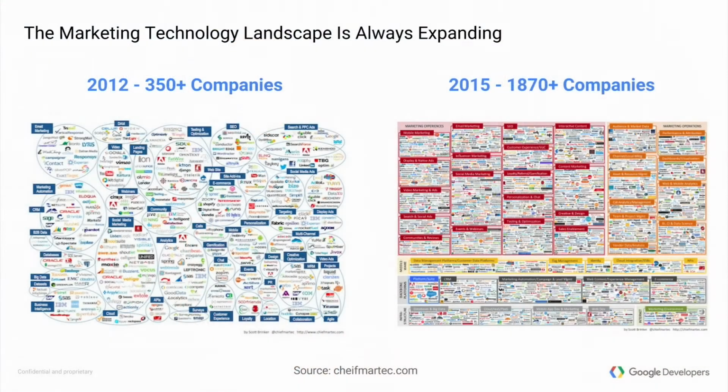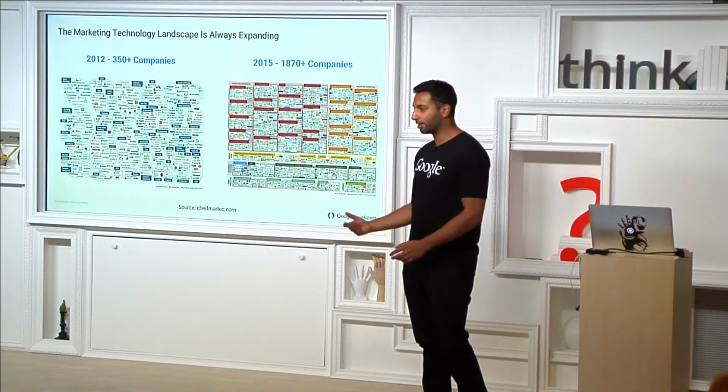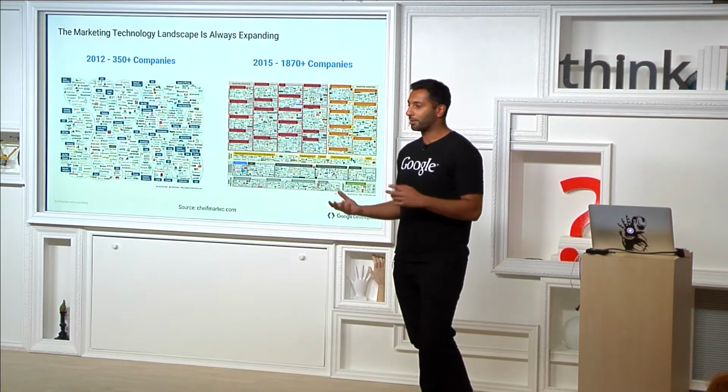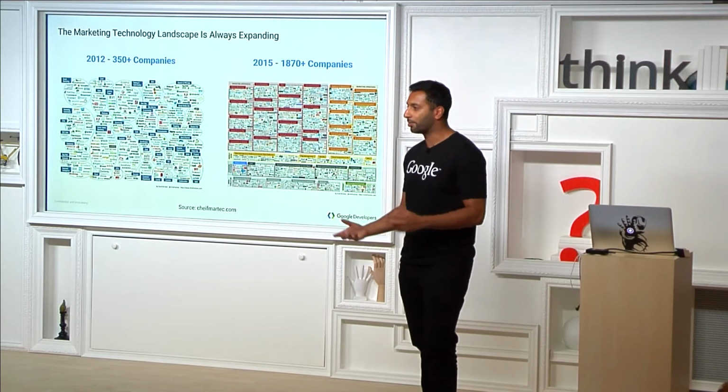Also, the landscape is getting, I wouldn't say a lot worse, a lot bigger. But that means if you're the person looking after tags or these different technologies, it starts to get more and more complicated. There's a website called Chief Martech, for marketing technology, and they did a survey collection of all the different marketing technology companies out there.